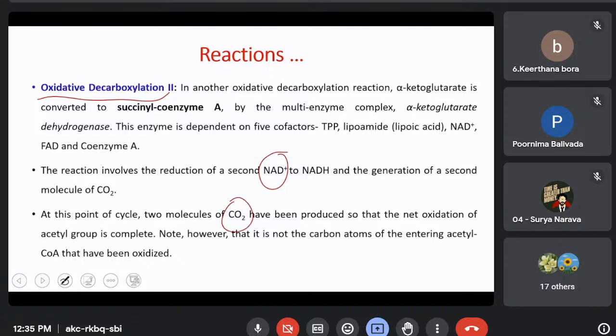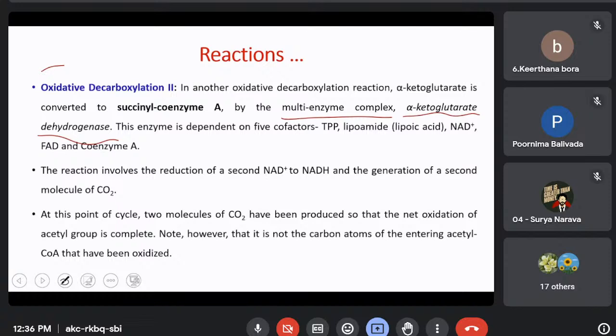Let us see. In another oxidative decarboxylation reaction, alpha ketoglutarate is converted into succinyl coenzyme A, and this is catalyzed by a multi-enzyme complex. And this enzyme is given the name alpha ketoglutarate dehydrogenase.